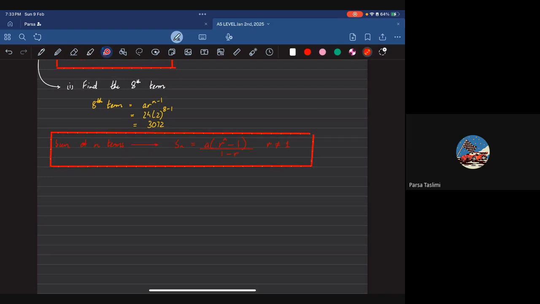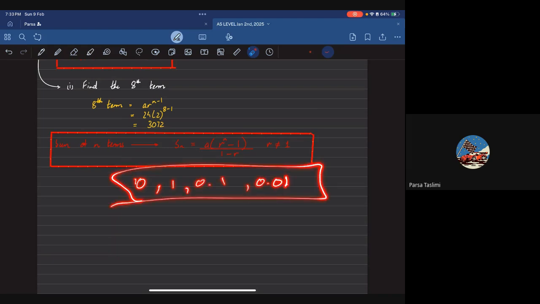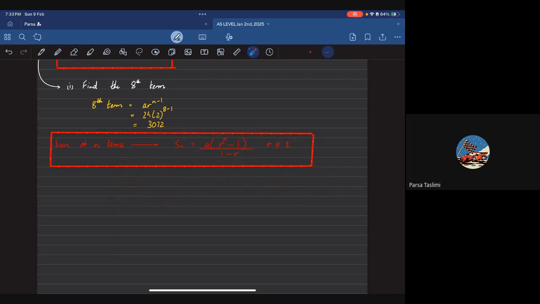In sequences where r is less than 1, the sequence is decreasing. For example, the sequence 10, 1, 0.1, 0.01. You're dividing by 10, or multiplying by 1 over 10.